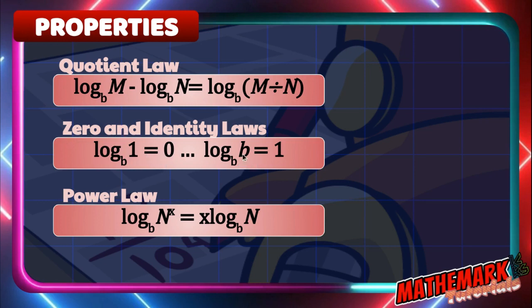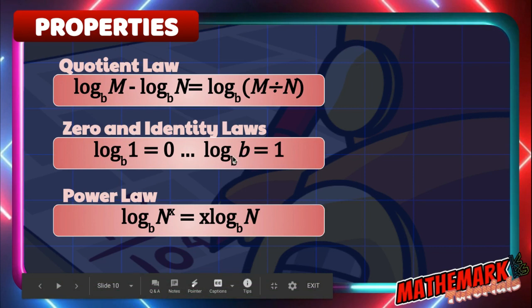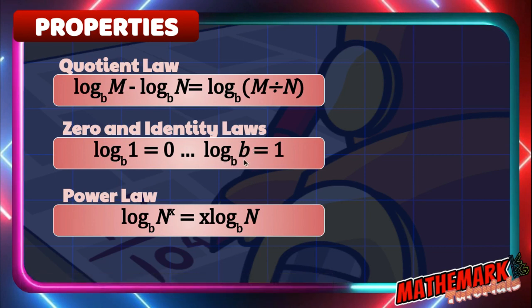If the base and the number are the same, let's say log of 10 base 10, it always equals 1. Or in general, log of b to the base b. You may use the concept of exponential equations and expressions to prove this too. And I challenge you to prove the quotient law.